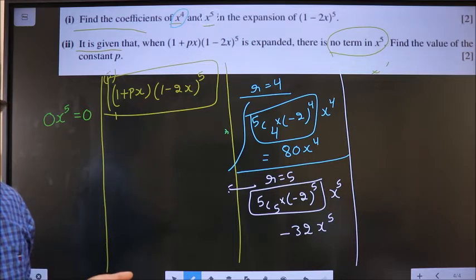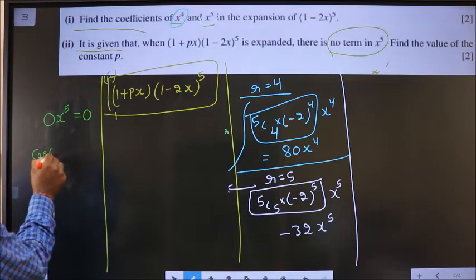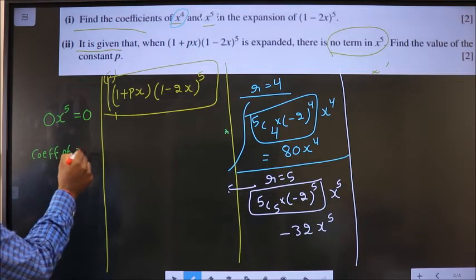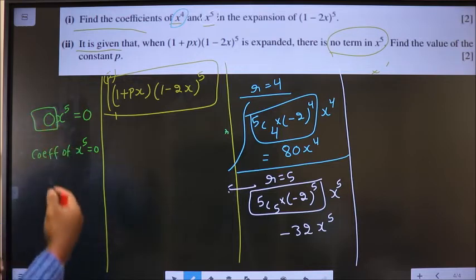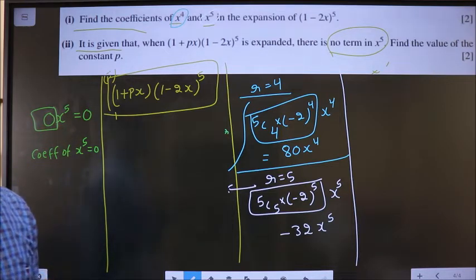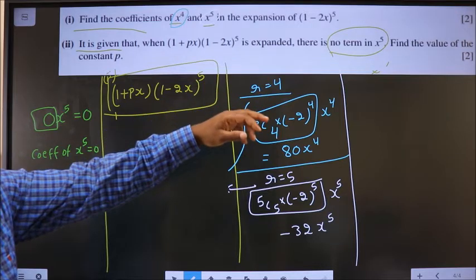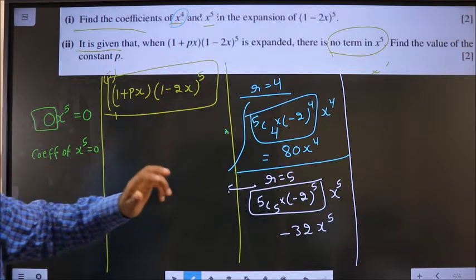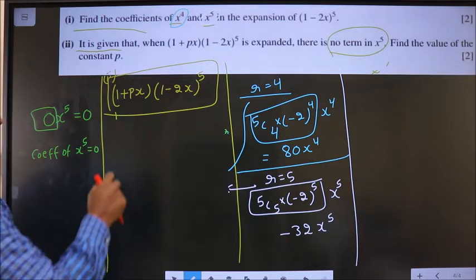And also I can say the coefficient of x power 5 should be 0. Only in that case I can be sure that the x power 5 term is not present in the expansion. That means I need to find the coefficient of x power 5 now.